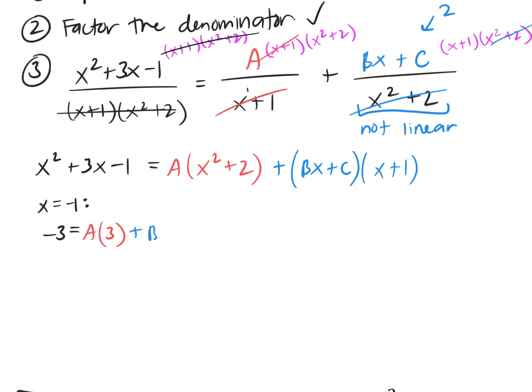And then I've got plus bx plus c in parentheses. My x is -1 technically here, but it would be multiplied by 0, so that goes away completely. And I'm just left with 3a is equal to -3, which means that a equals 1.